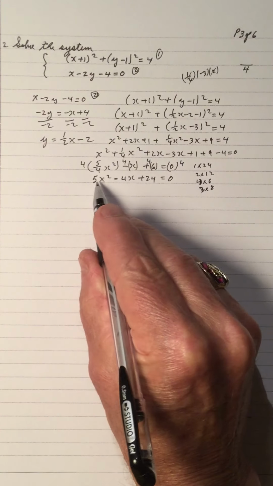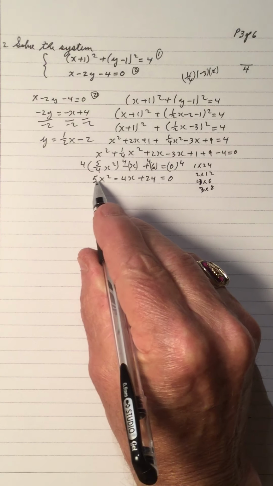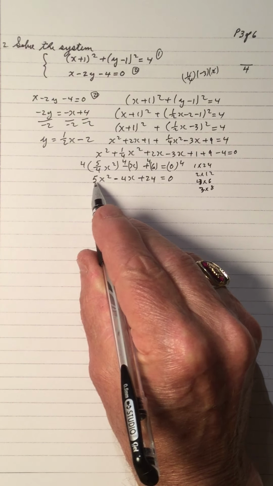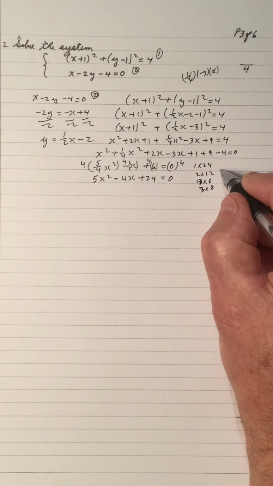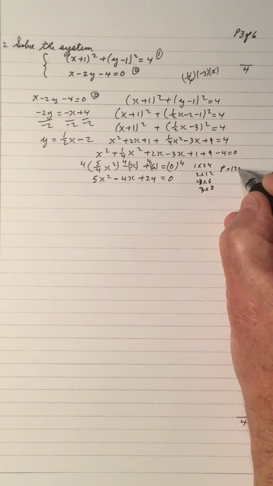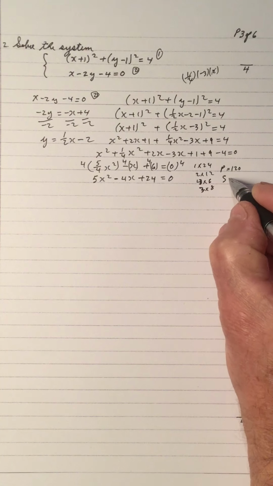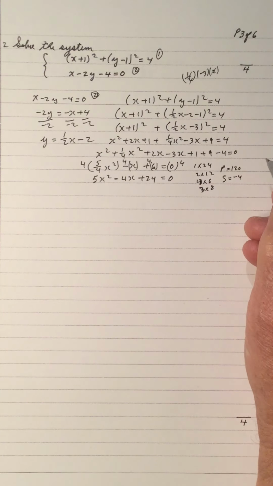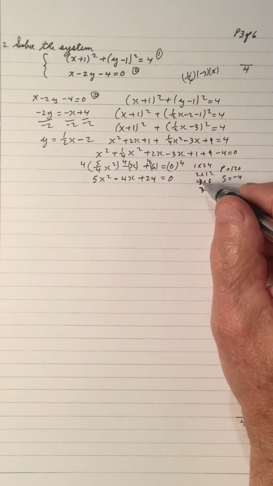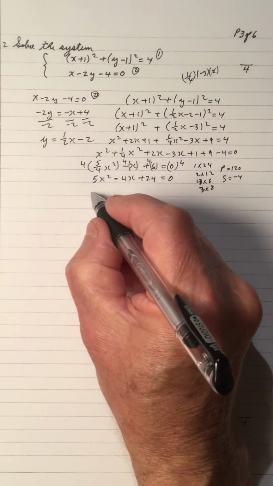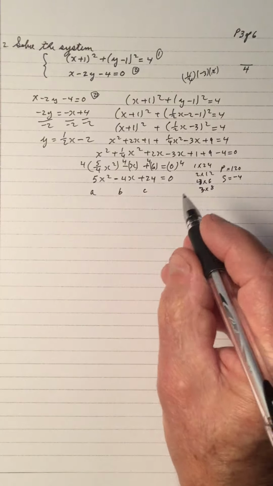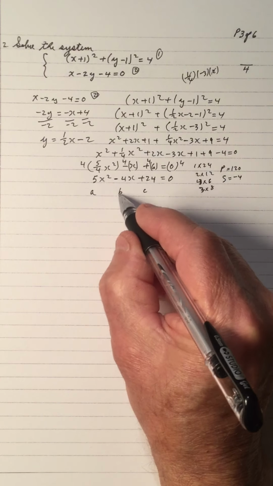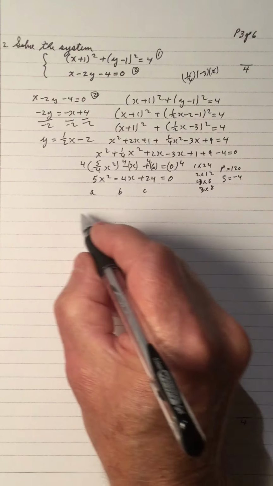The product is 120, because this 5 is not a GCF, 5 times 24 is 120, and the sum is the middle one, negative 4. So hard to juggle those. So what I'm going to do is use the quadratic formula and get there quicker. So A is 5, B is negative 4, C is 24.